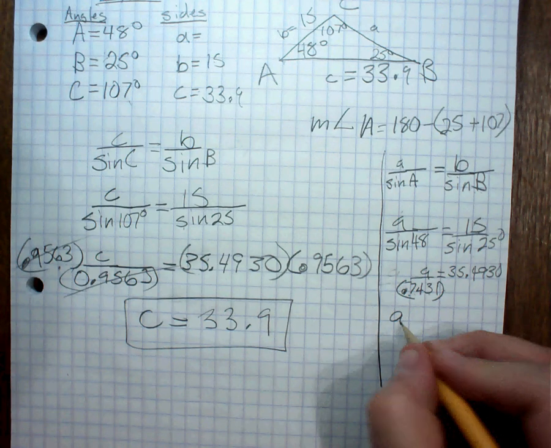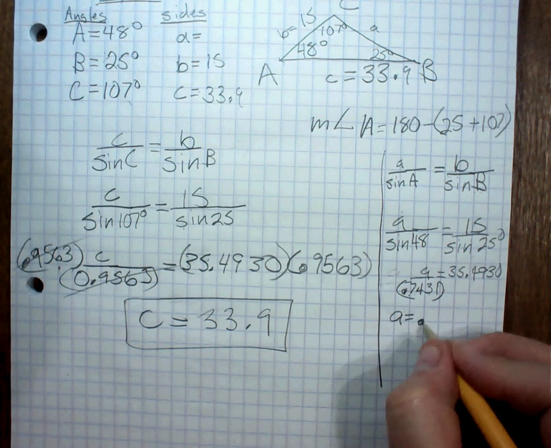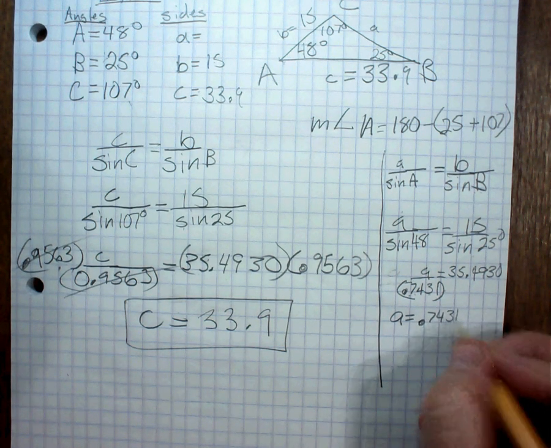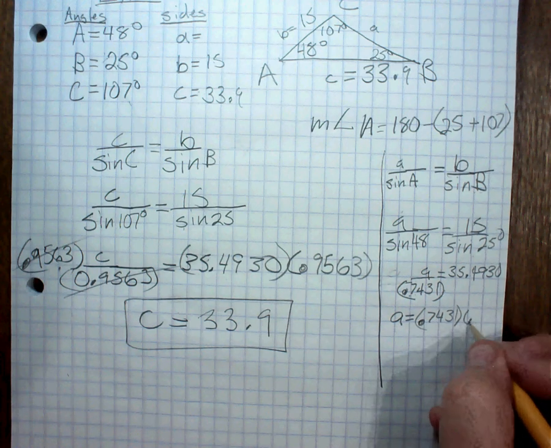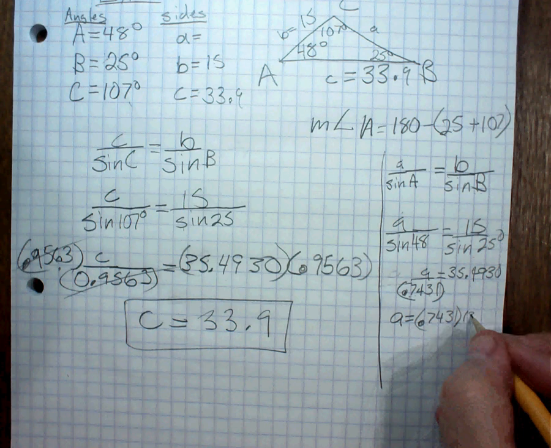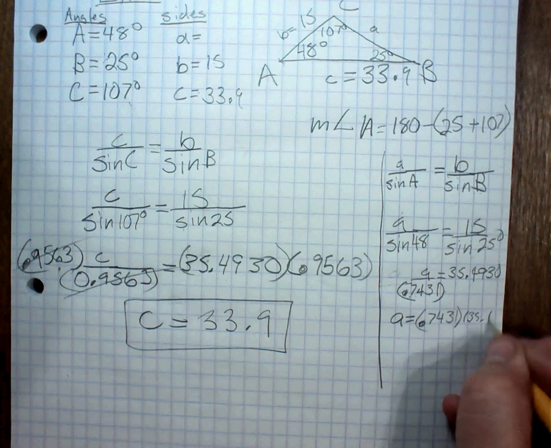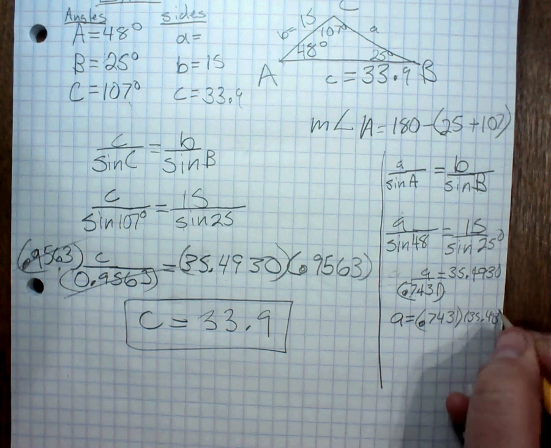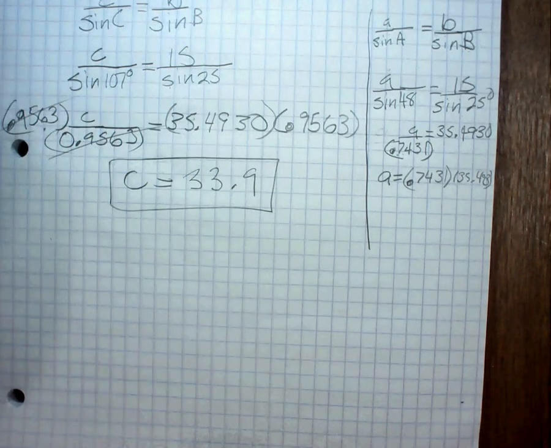So I would get a is equal to 0.7431 times my 35.493. I know that's really small.